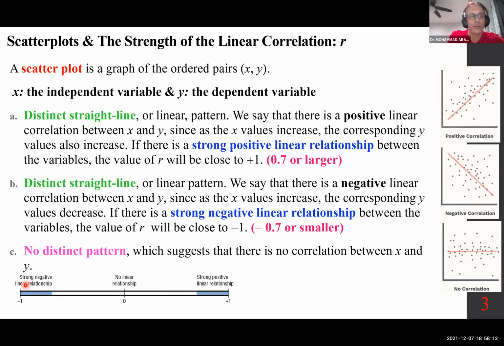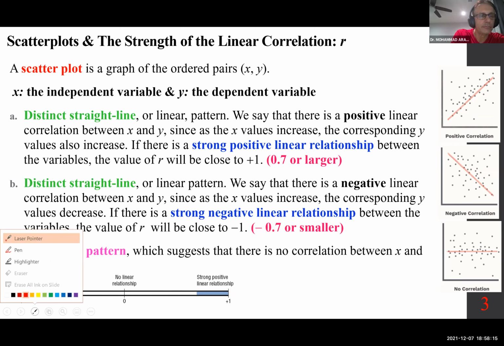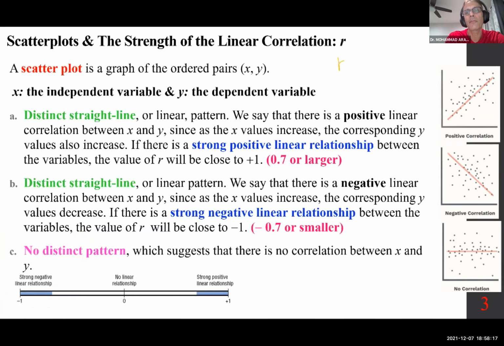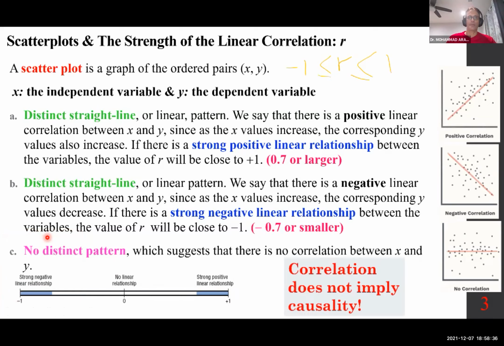So R has a value between negative 1 and 1, and normally 0.7 or larger is considered strong, also negative 0.7 or smaller, close to negative 1. And of course, correlation doesn't imply causation.